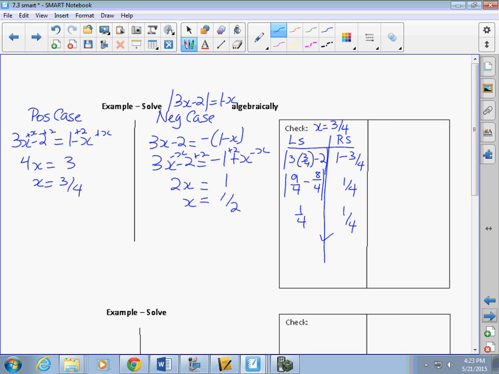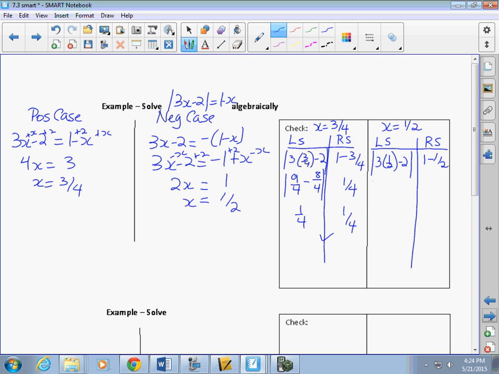So that one worked. I try it for 1/2. So I have absolute value of 3 times 1/2 minus 2. My right side is 1 minus 1/2.